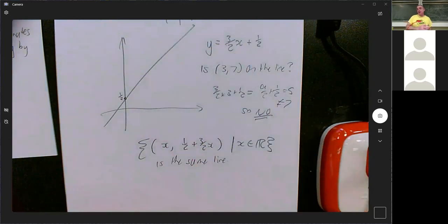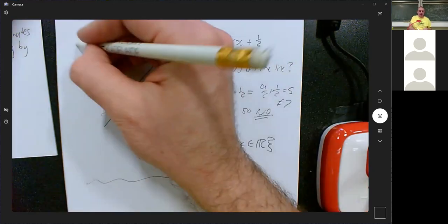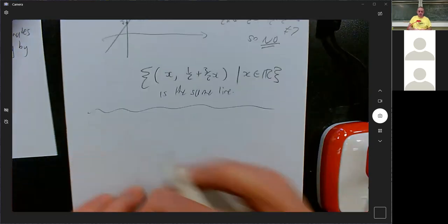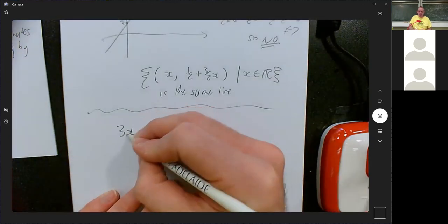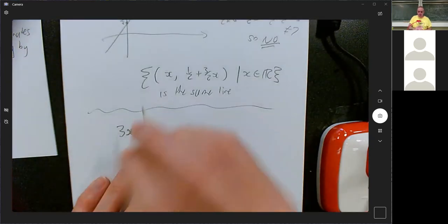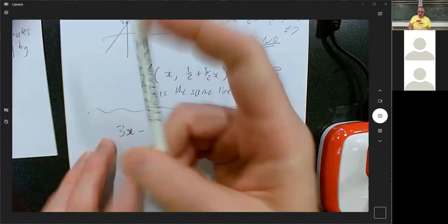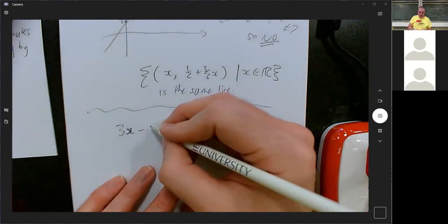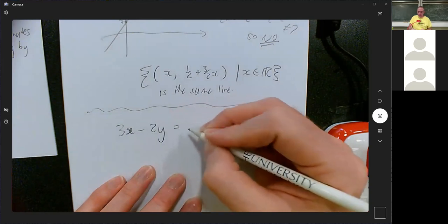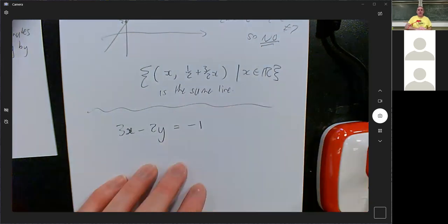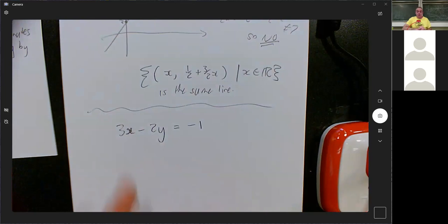But it's a little harder to tell if the equation of your line is more like that. Now that's quite easy to check.